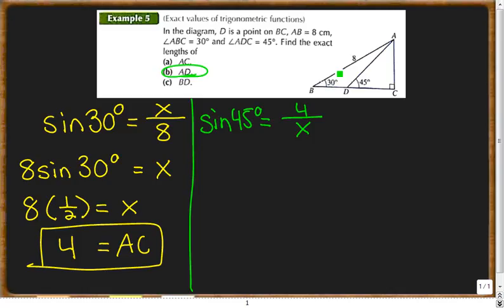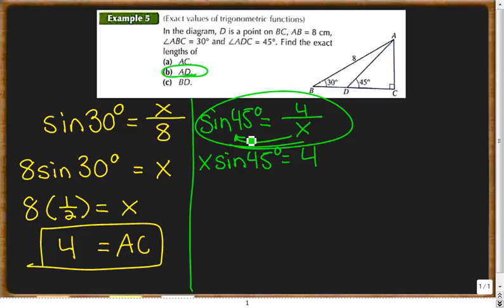Just like the last problem, if we multiply this over, we're going to have x times the sine of 45 degrees equals 4. And we're going to divide this over. So in a sense, what we're doing in this type of format is we can actually switch the denominator with the other side's numerator.